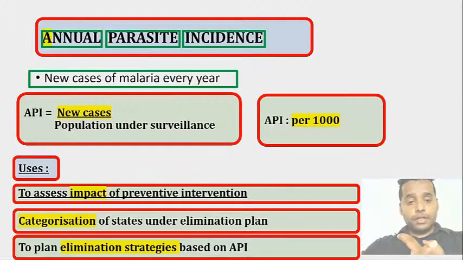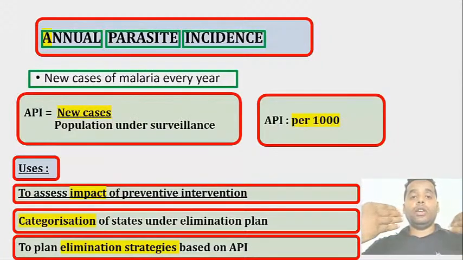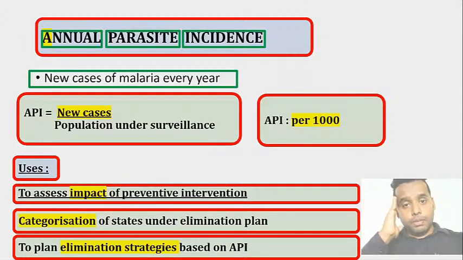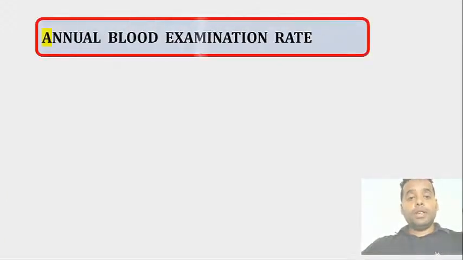Categorization of states, correct. And to plan elimination strategies, what is the indicator we use? Annual parasite incidence. Just keep in mind, the word incidence is important. New cases.